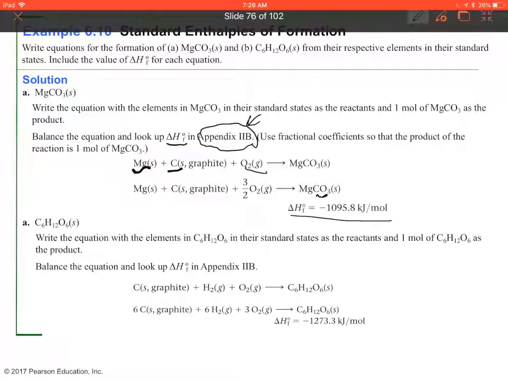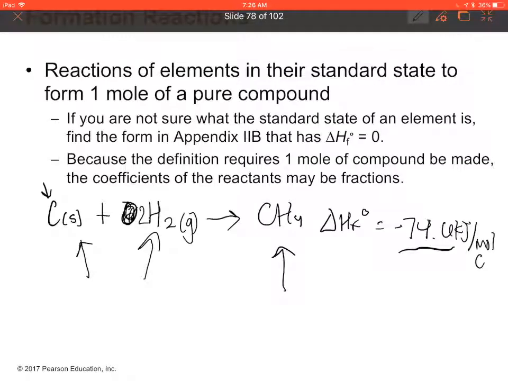In this chart, they actually tell you the heat of formation of magnesium carbonate. Here's glucose. We've got carbon, hydrogen, oxygen, forming glucose. In order for it to stay as 1 mole, this one's easy because you can just use whole number coefficients to keep it that way. And again, we got this heat of formation from that appendix.